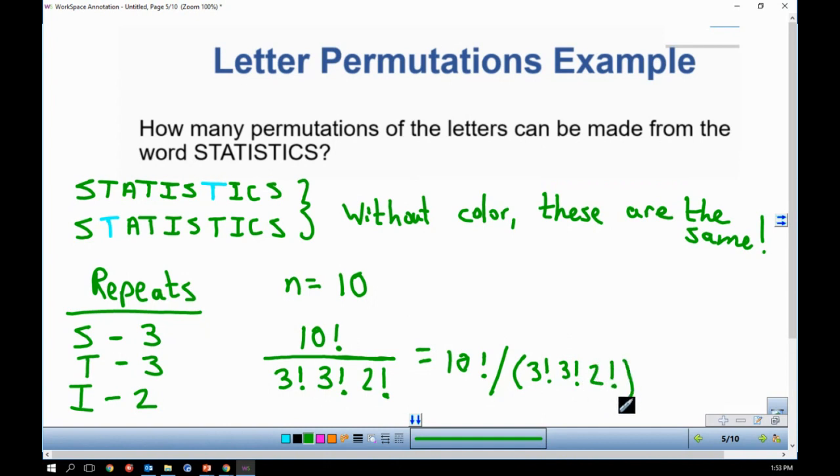That's how you put that in the calculator. Putting that in the calculator, that's how you can do it. This is really the only way to do this type of problem.